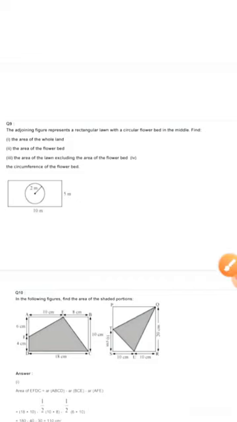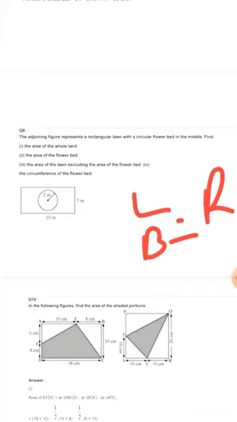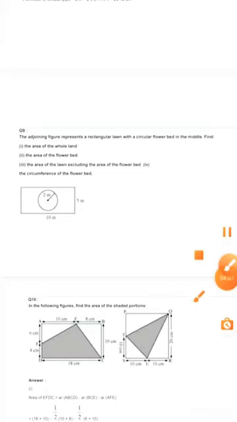By putting the values of length and breadth, you will get your result. In this way you can find the area of the lawn excluding the area of the flower bed.